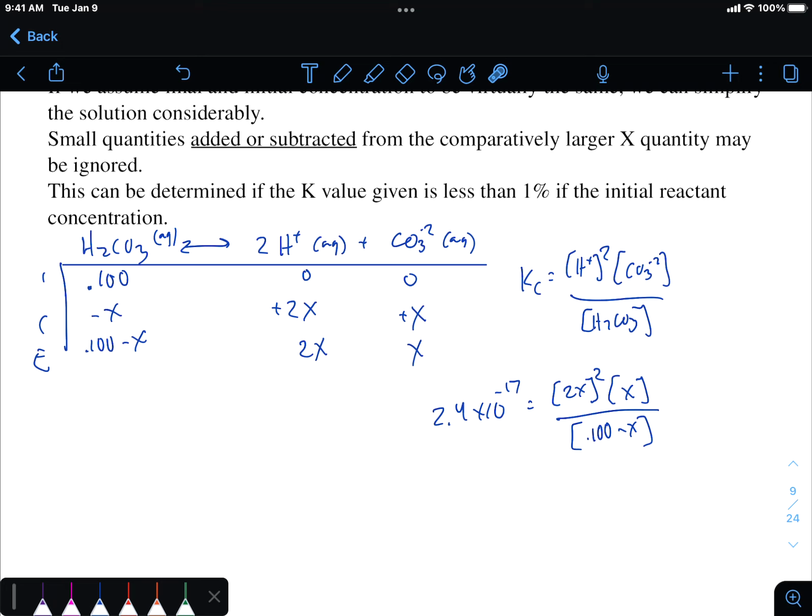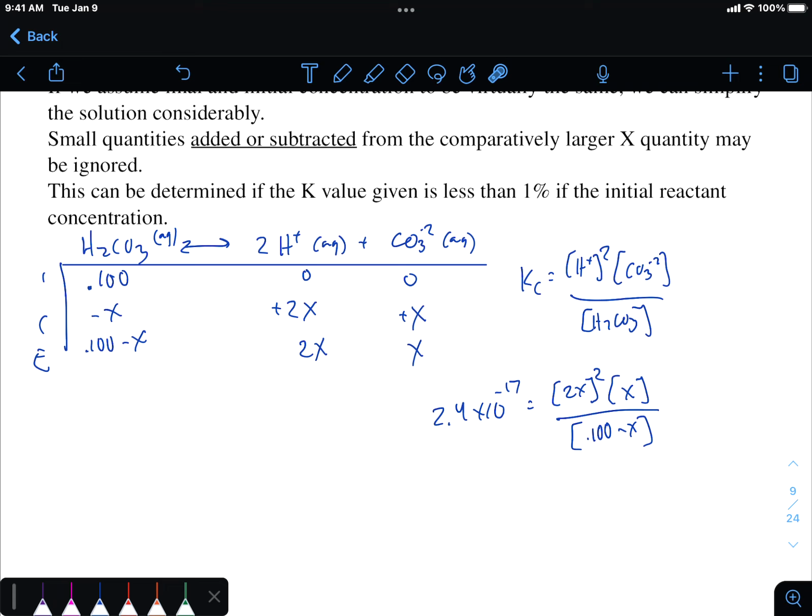So if we look at the magnitude of this, remember what K values tell you, right? The smaller it is, the less product favored this is. So whatever amount x is going to be, when we subtract that value of x from 0.1 molar, how much is that going to change 0.1 molar?